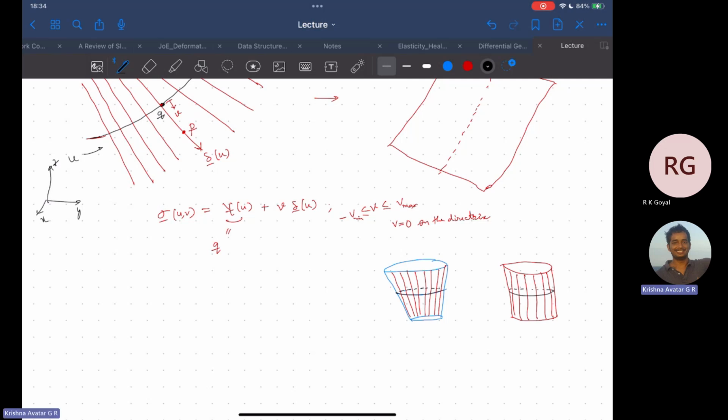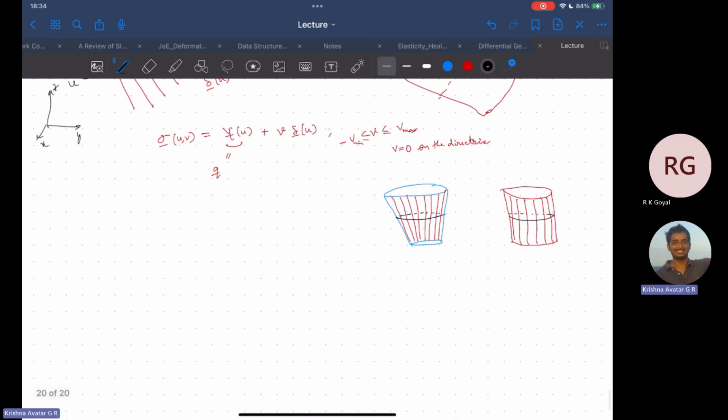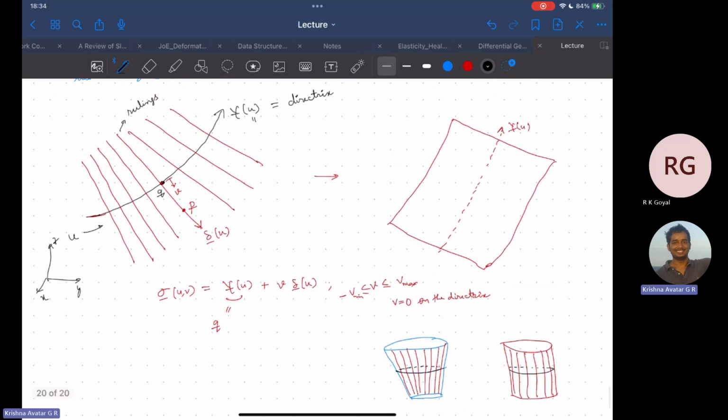And using this concept, we can make very interesting surfaces as well. Even some very different looking surfaces are also ruled surfaces. Right? This idea of directrix is not that clear, especially when you write the interval for the possible values of v.